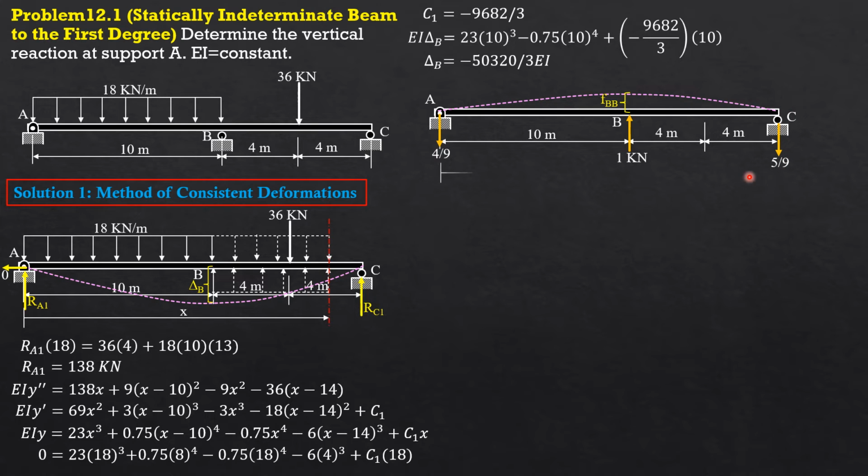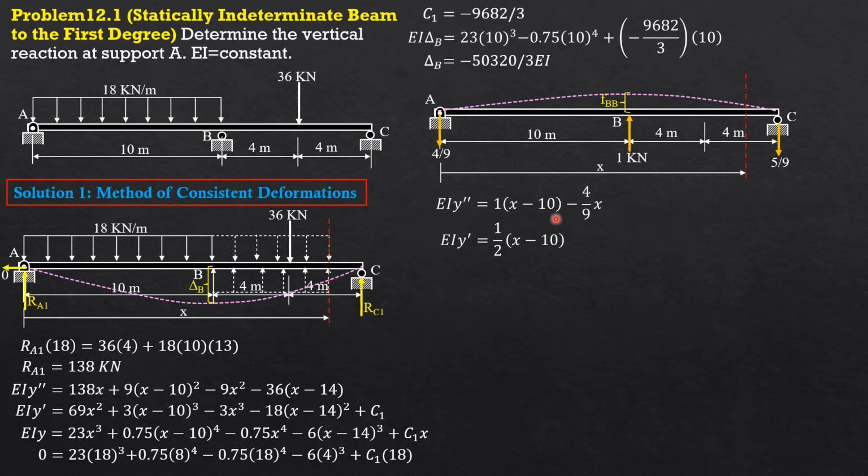We then section this part and call that X. Then set up the differential equation of the elastic curve due to this unit upward load. EIY double prime is equal to 1 times quantity X minus 10, then minus 4 over 9 times X. Integrating, EIY prime equals 1 half quantity X minus 10 squared minus 2 over 9 X squared plus C sub 3.